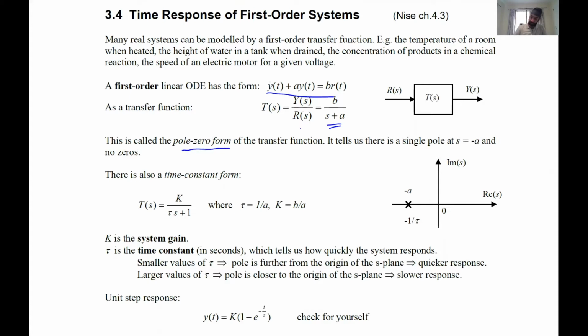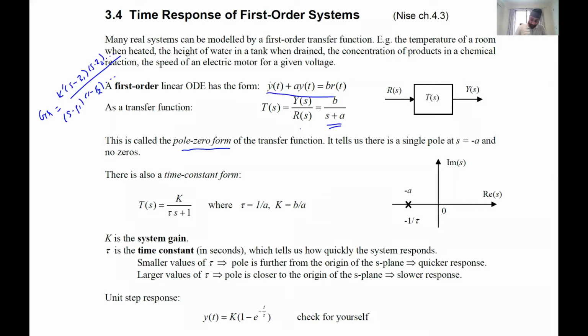Remember that earlier we expressed transfer functions often as a polynomial in the numerator over a polynomial in the denominator, and we used a form in which we factorize the zeros and poles, so we can tell that the zeros are located at z1, z2, and so on, and the poles are located at p1, p2, and so on. This form of a transfer function is referred to as a pole zero form.